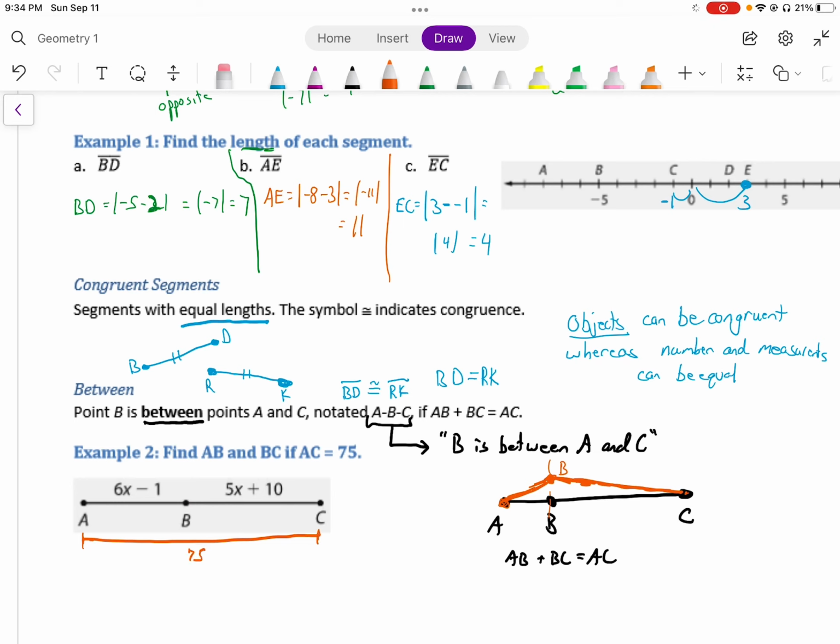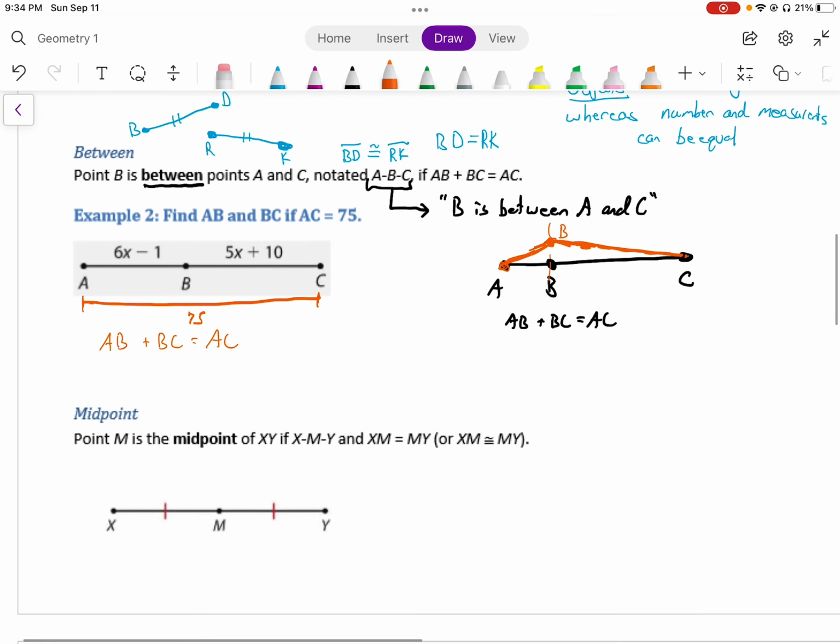Well, since B lies on the same line there, it's between, we can say AB plus BC is equal to the whole thing AC. Now, I'm writing a few steps in here that might not be necessary, but that's what we can write because of betweenness.